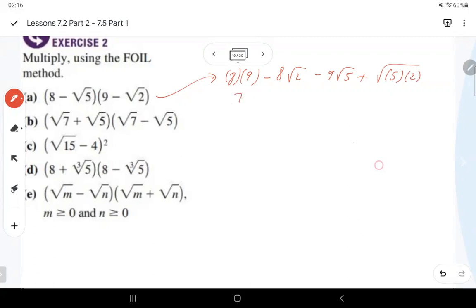It's going to give us 72 minus 8 square root of 2 minus 9 square root of 5 plus square root of 10, and nothing else actually adds or subtracts together, so we are done there.